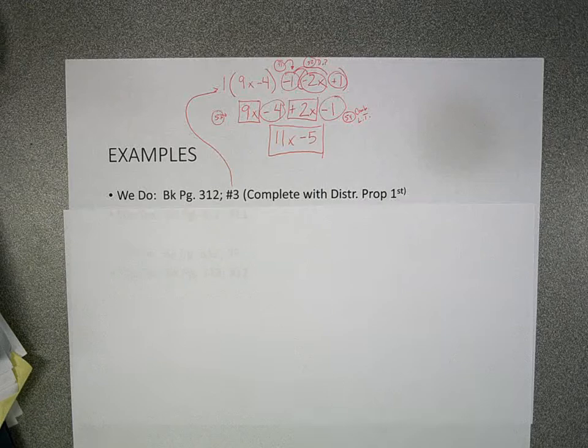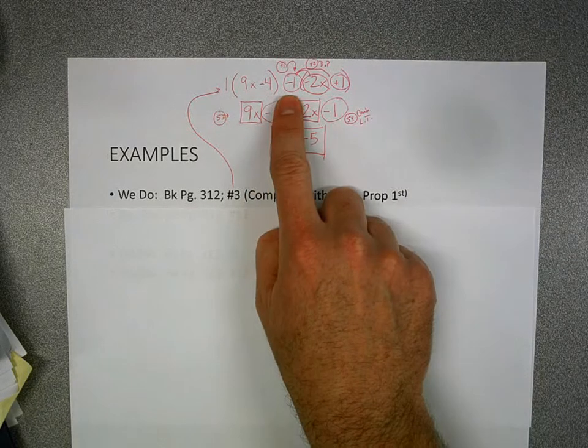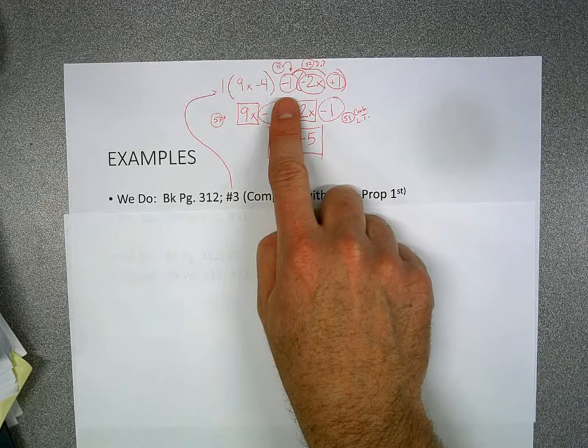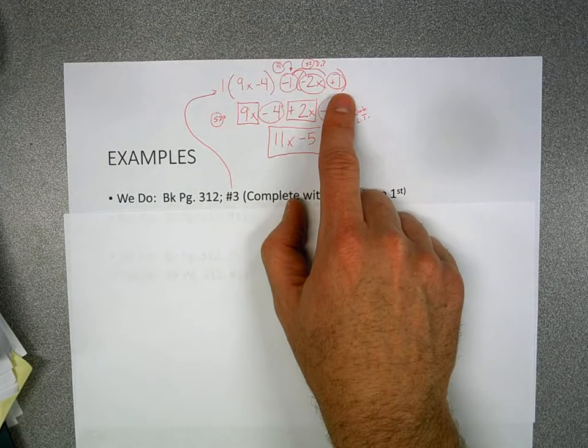Now, some of our minds look for quicker ways to do things, or patterns that we can discover. The bottom line is that the negative 1, or that subtraction sign in front, really changed everything inside the parentheses.